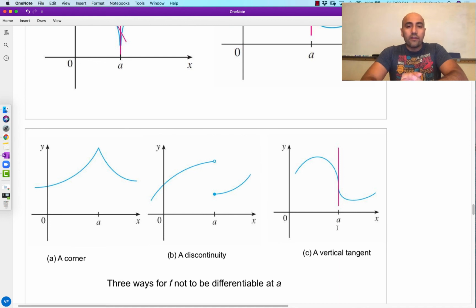Okay, so in order for a function to be differentiable, it must be continuous, and it must have no kinks in it, and it must not have one of these vertical segments. Okay, no discontinuities, no sharp corners, no vertical asymptotes, and no vertical segments in order for the graph of a function to be differentiable at a point.